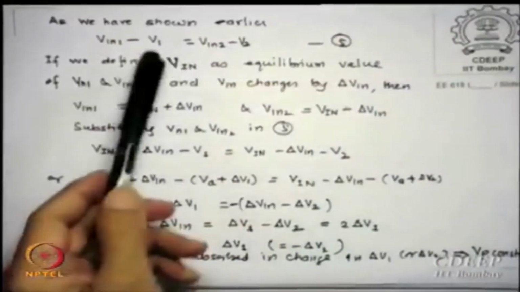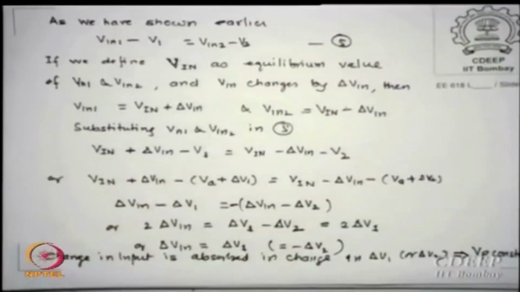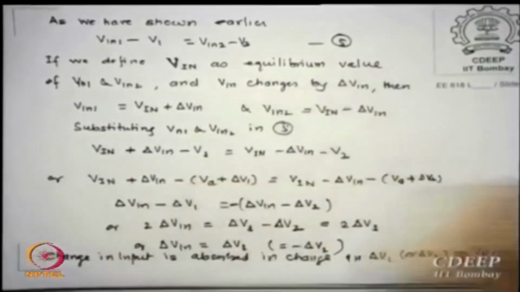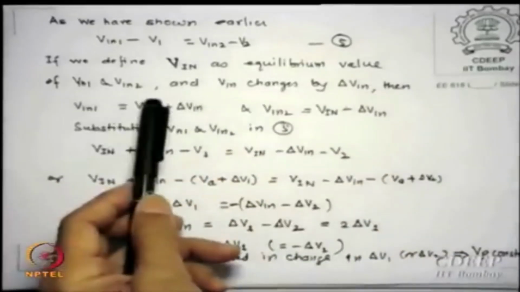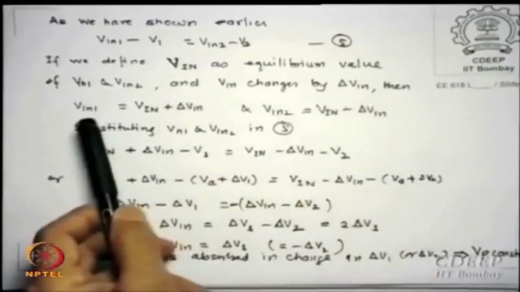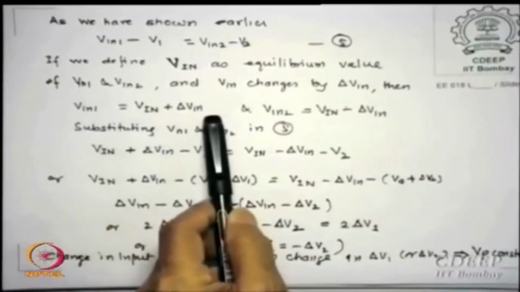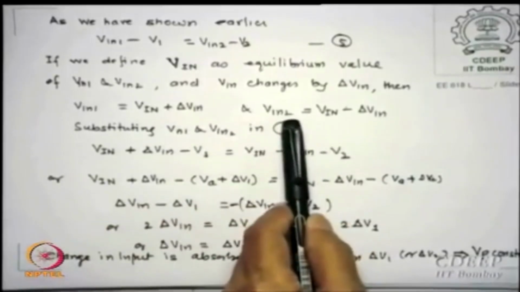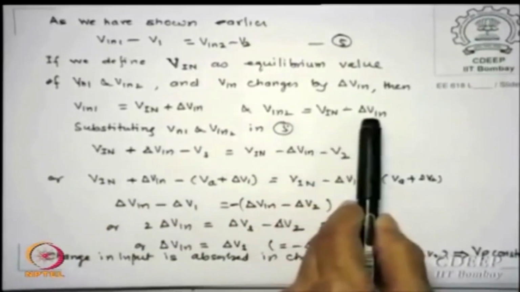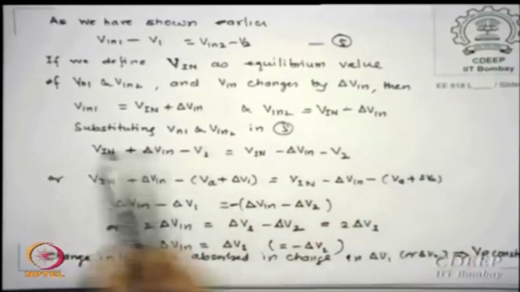Is that okay? Trivial, but that is the concept. Since we already said that Vin1 minus V1 is Vin2 minus V2, we now define another term Vin, instead of Va for the other side. We say Vin is an equilibrium value of Vin1 and Vin2, and if Vin changes by delta Vin, then Vin1 is Vin plus delta Vin, and Vin2, for a differential stage, means Vin minus delta Vin. Okay.